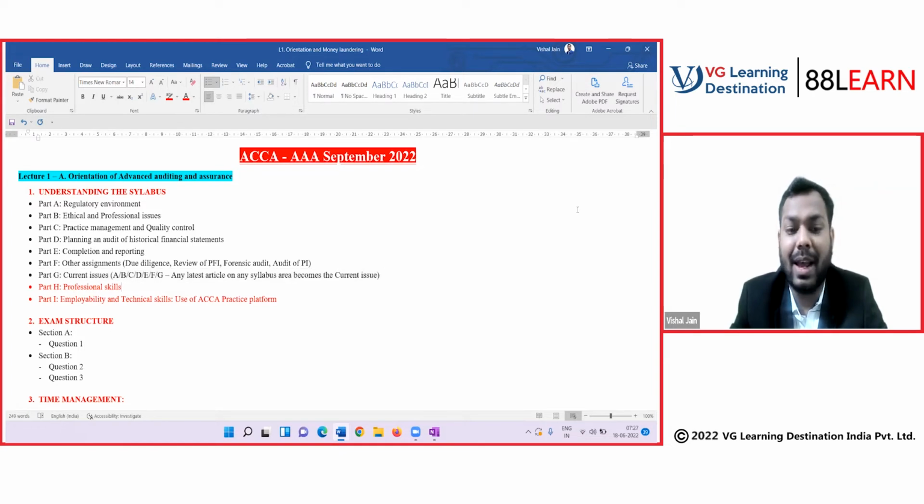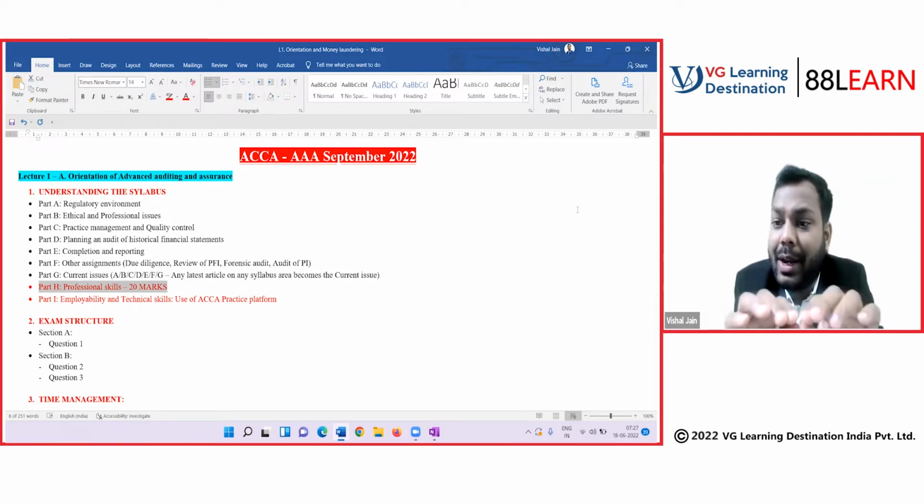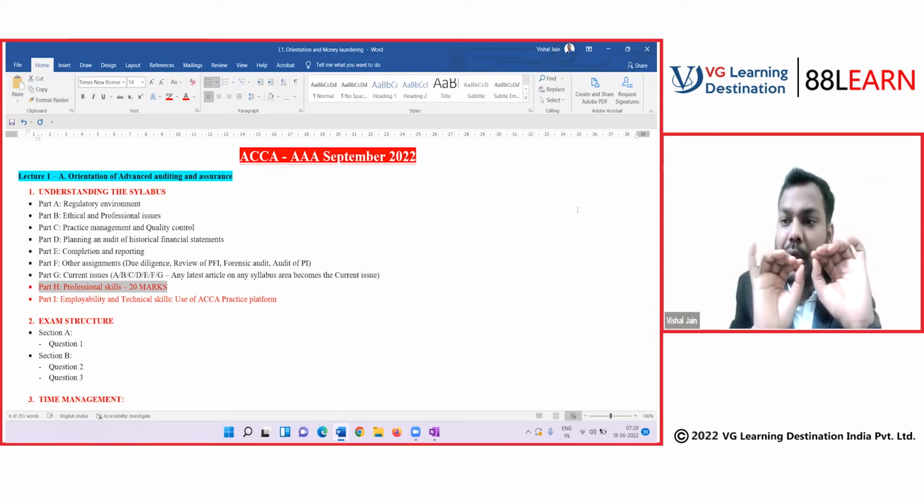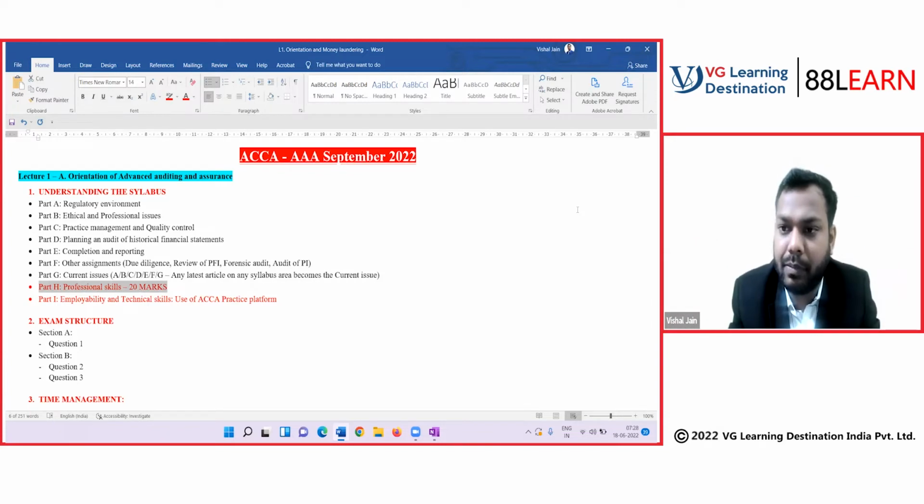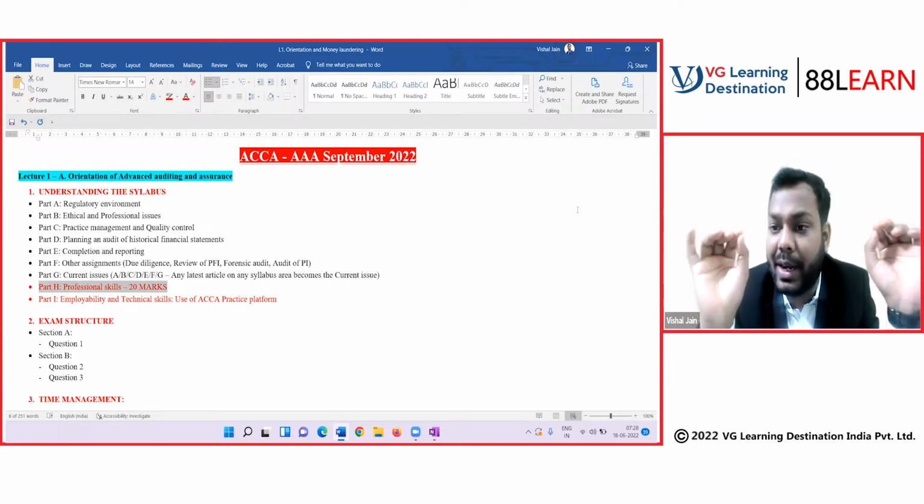Now, part H is professional skills. Very important. Your examiner has kept 20 marks for it in the exam. And I'll tell you one thing: for scoring these 20 marks, you don't need to write anything extra. You have to write only for 80 marks.